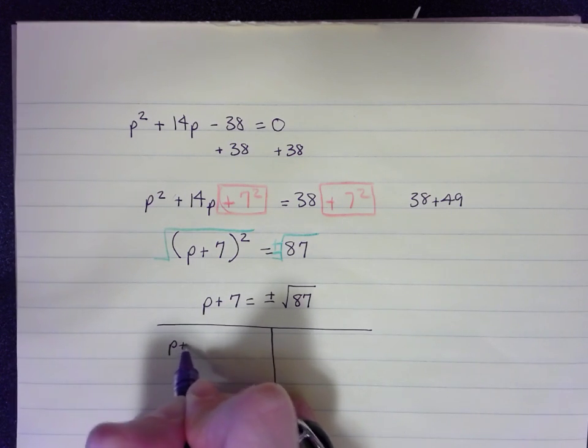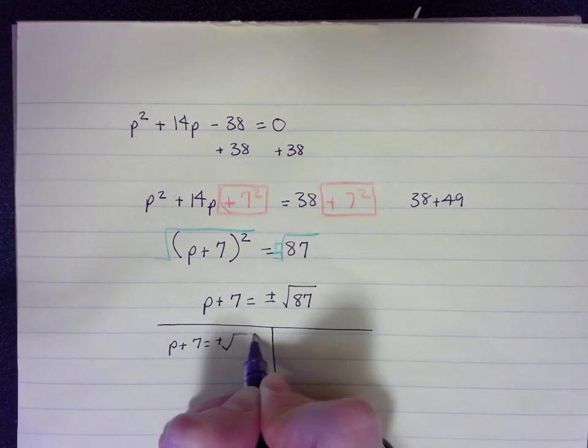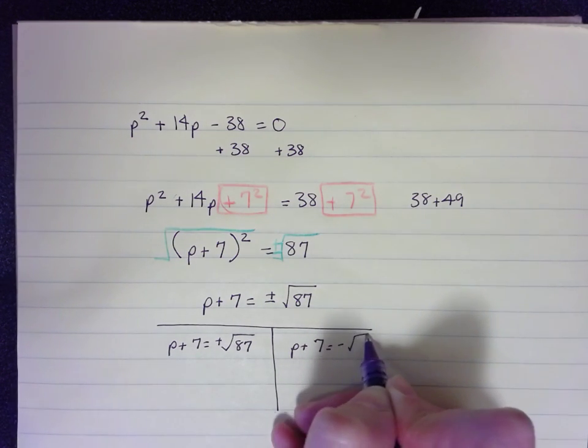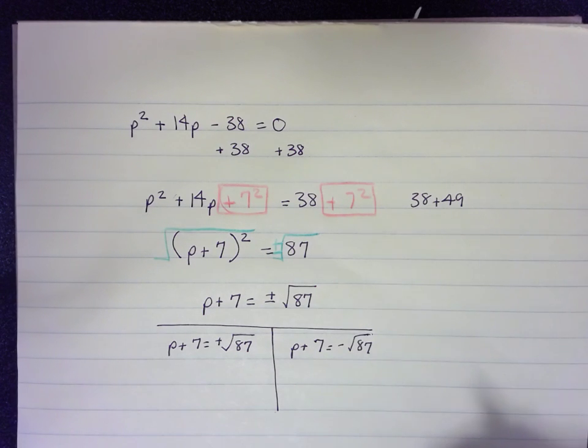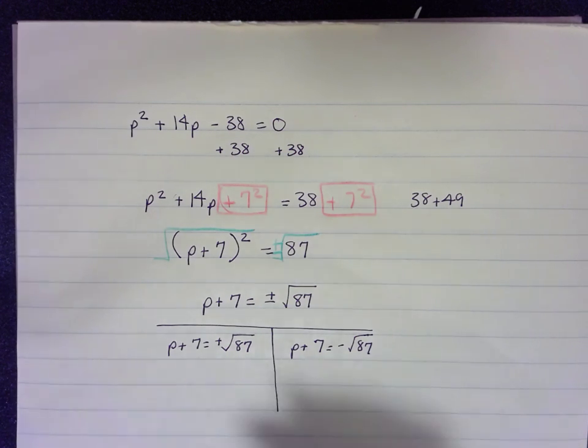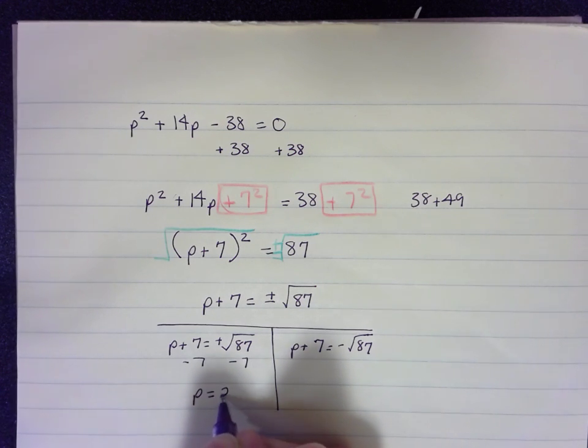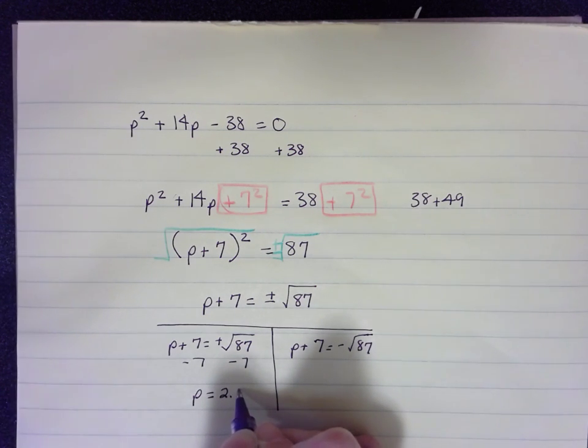this problem. P plus 7 equals the positive root 87, and p plus 7 equals the negative root 87, and then of course I can do my math, unless I wanted to leave it in simplified radical form, but I'd rather you do the math right now. So the square root of 87 is approximately 9.33. I subtract 7 from that, and because I subtract 7 on both sides, I get p equals about 2.33 to the nearest hundredth.